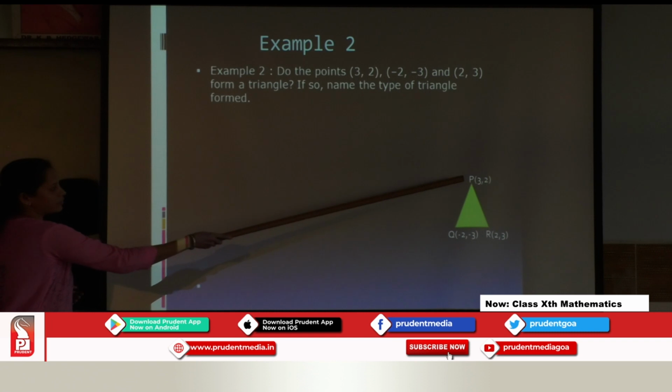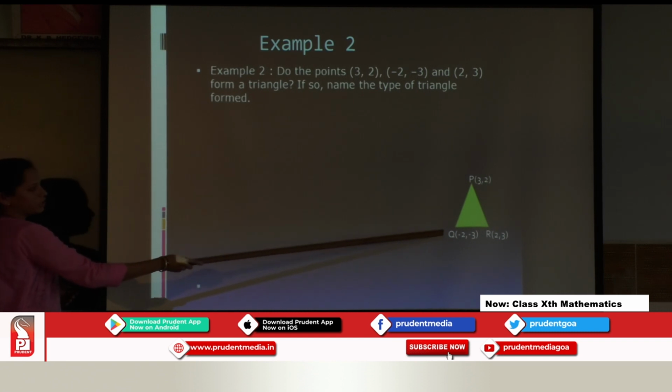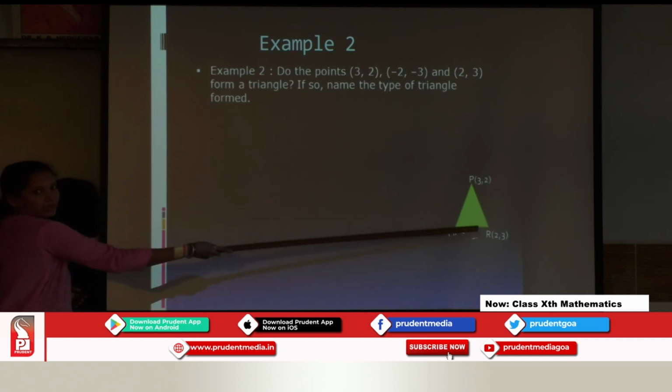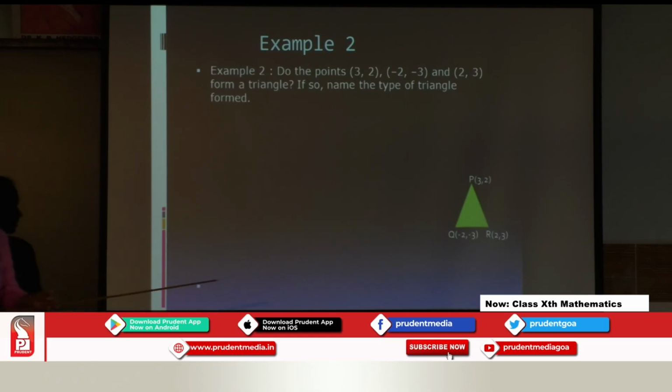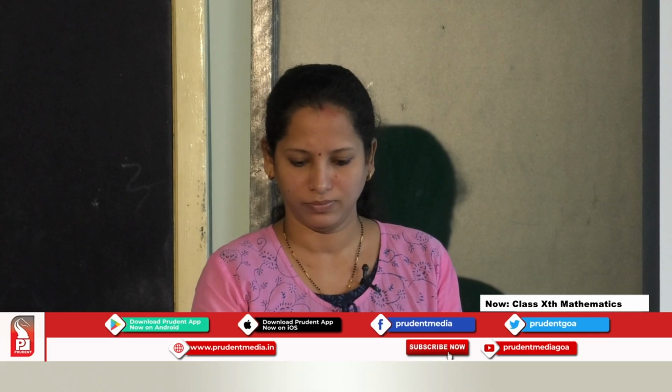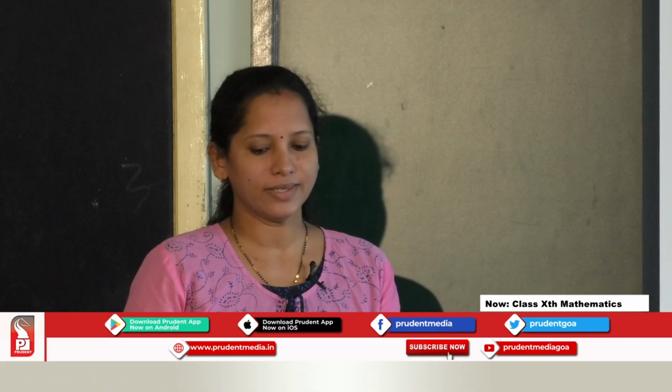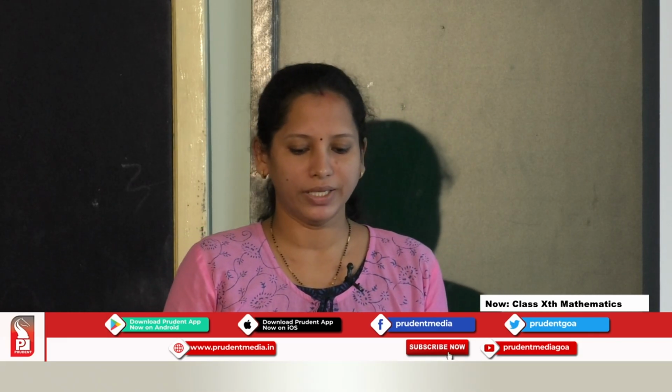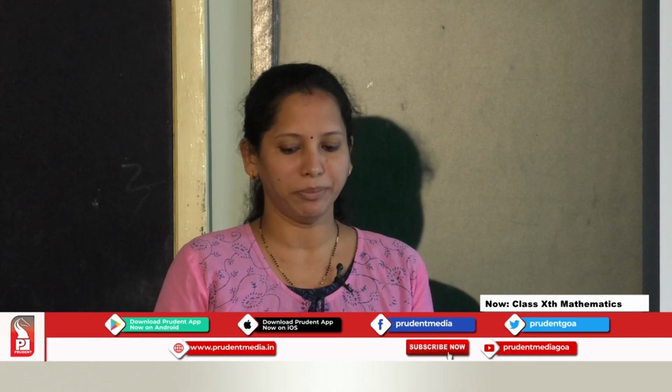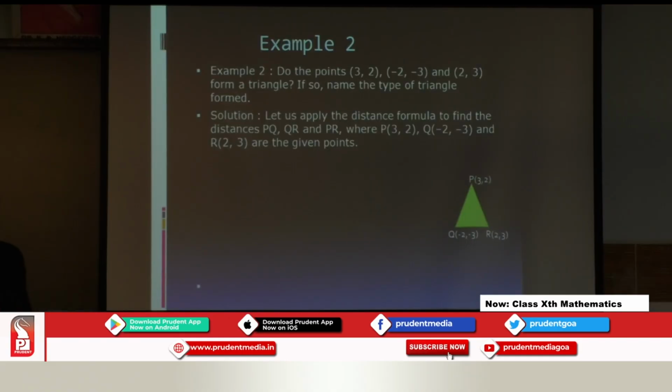First we have to find the distance PQ, then QR and then PR. To find the distance PQ, we use the distance formula, where P(3, 2), Q(-2, 3) and R(2, 3) are the given points.